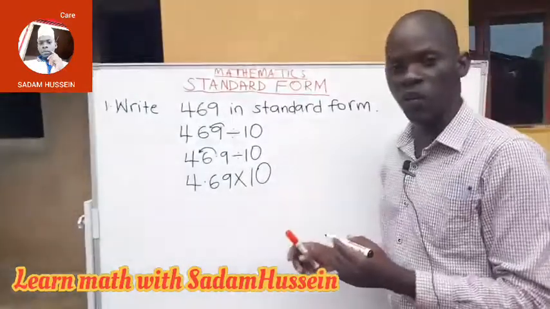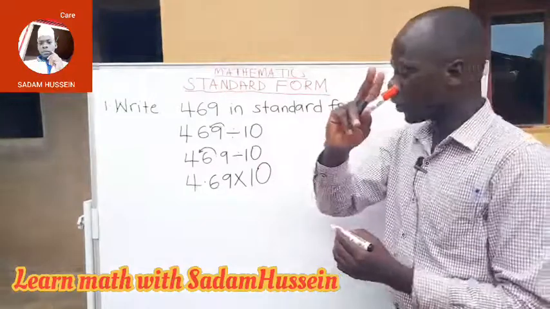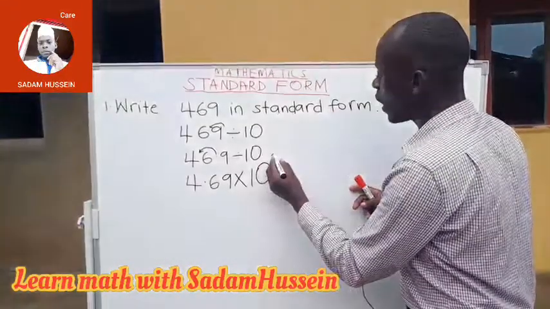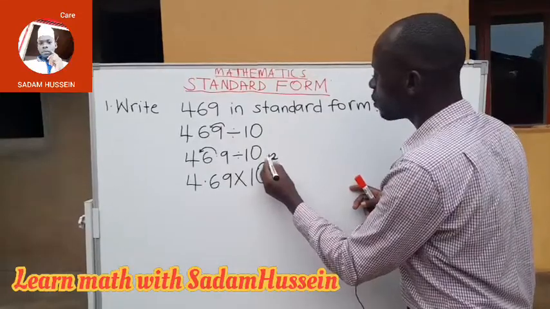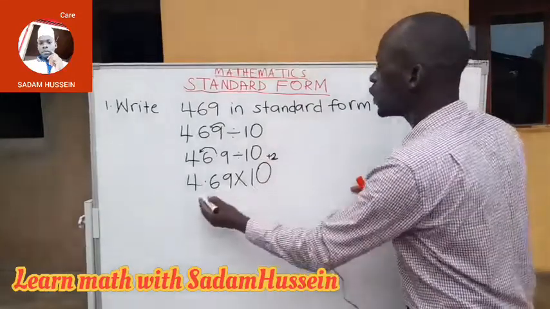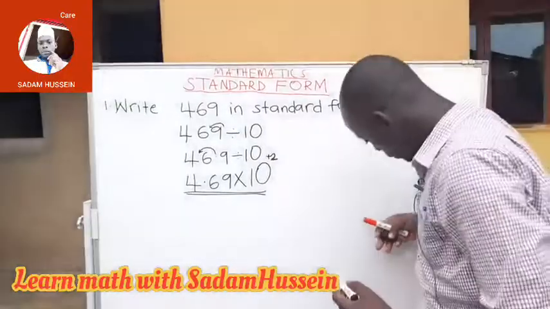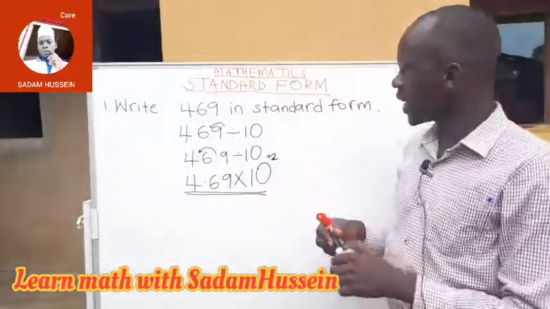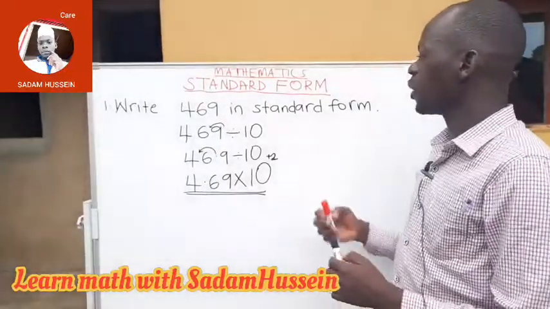How many times have you divided this 469? You have divided it twice. So you put here power 2, which is positive. So writing 469 in standard form is as simple as you have seen it.